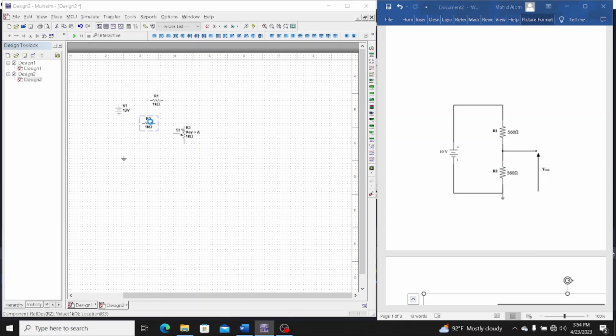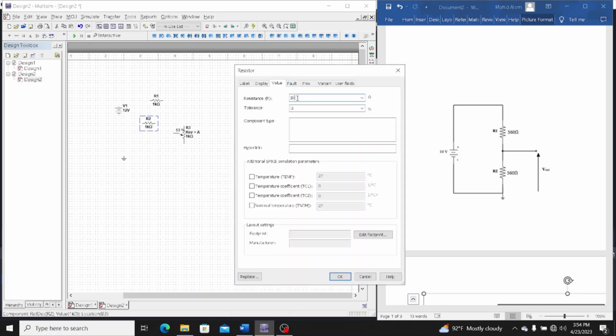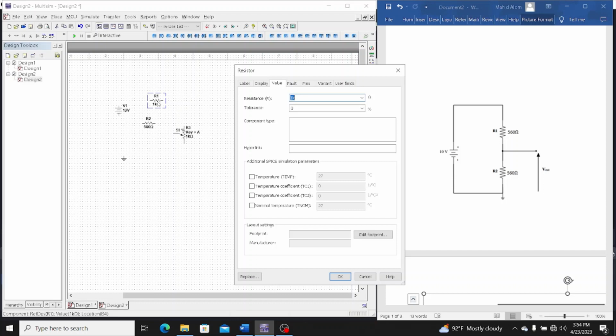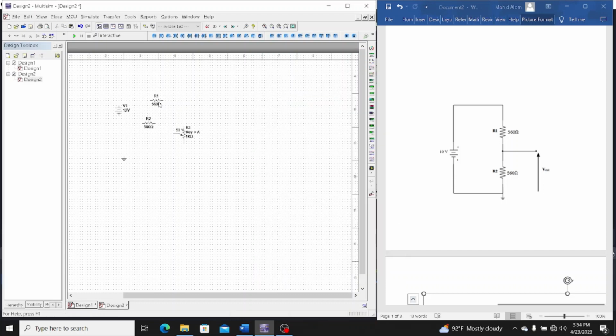Then R2 is 560 ohm, 560, and R1 is the same value like R2.